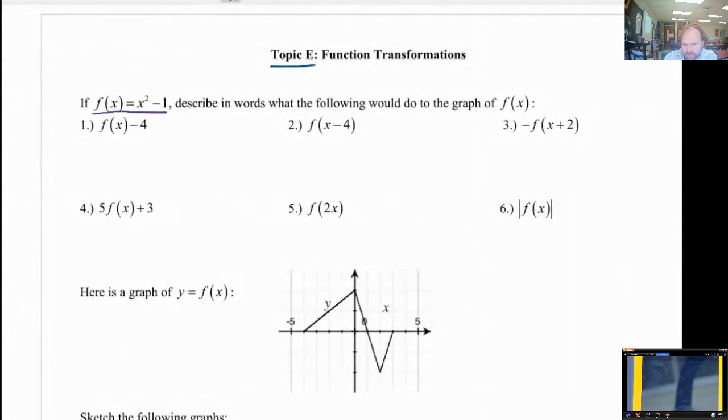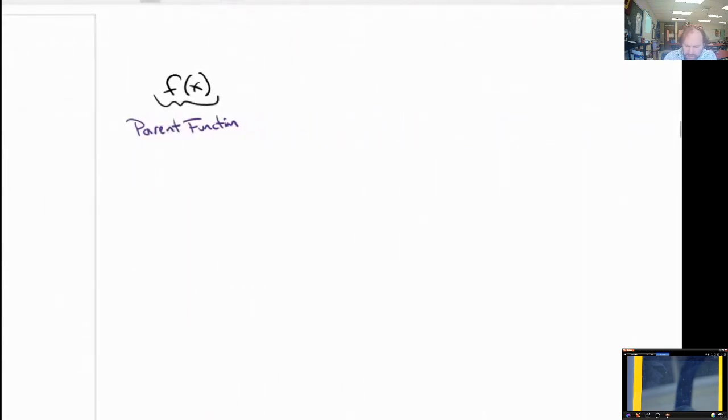That's your parent function. But there are some basic rules about how you can transform this graph. First of all, if you take f of x and you add a k to it, usually we use the letter k for this. It could be any variable, doesn't matter. But this will cause the graph to go up k steps. And if k is a negative number, it can go down.